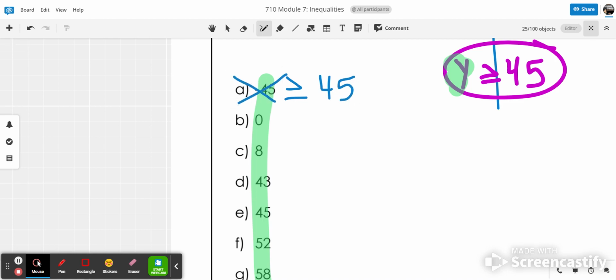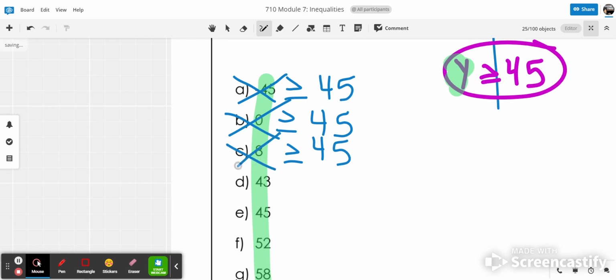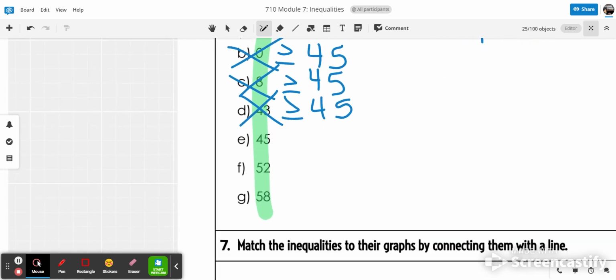It's much less because it's a negative number. Is 0 greater than or equal to 45? Nope. Is 8 greater than or equal to 45? Nope. Is 43 greater than or equal to 45? Nope. Now, you may not need to write an inequality for every single one of these, but I'm just going to show you to make sure we're all clear and on the same page.